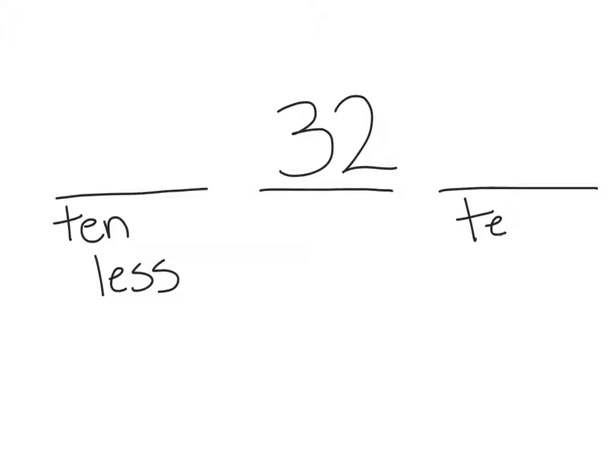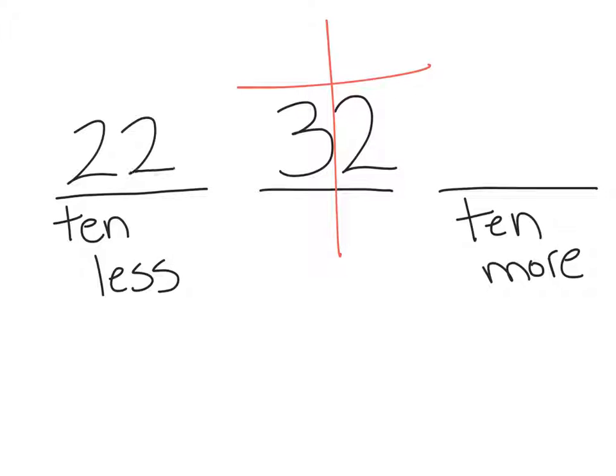If you're going forward, you get 10 more. You could do everything that we just did. You could put that number in a T-chart. You could think, what would it look like if this was 10 less than what it is? That 3 would change from a 3 to a 2. And my number for 10 less would be 22.